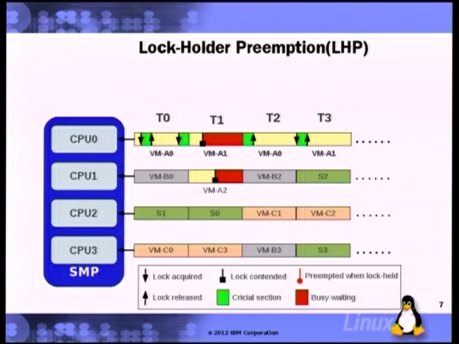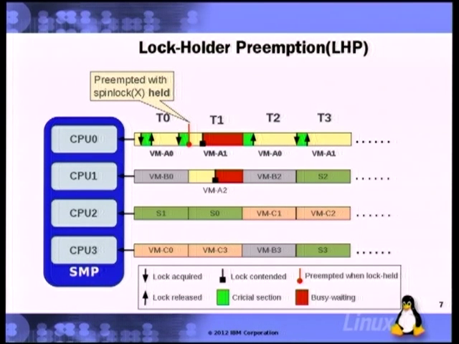The green area implies a critical section, and the up and down arrows are the lock taken and the lock released respectively. What happens here is that VM A0 had taken a lock and was within its critical section.